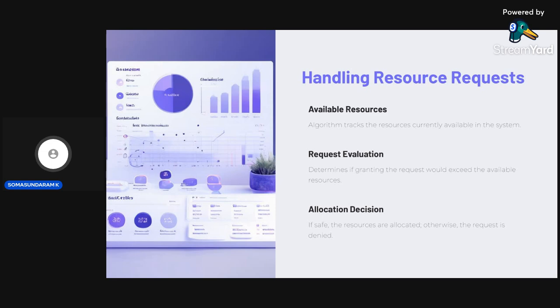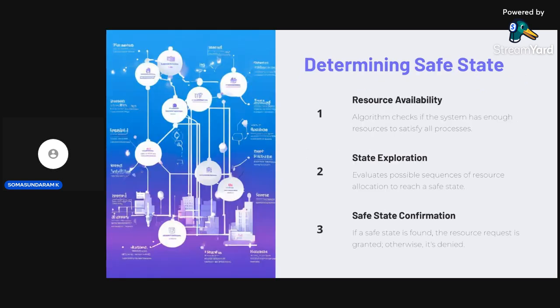Handling resource requests: the algorithm tracks the resources currently available in the system. Request evaluation determines if granting the request would exceed the available resources. Allocation decision: if safe, the resources are allocated; otherwise, the request is denied.